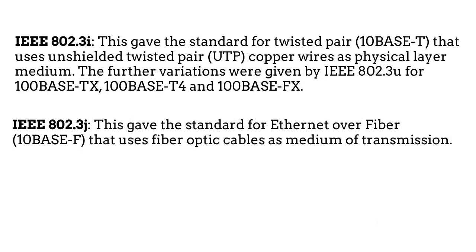The other version is IEEE 802.3i. This gave the standard for twisted pair 10 Base T that uses unshielded twisted pair UTP copper wires as the physical layer medium. Further variations were given by IEEE 802.3u for 100 Base TX, 100 Base T4 and 100 Base FX.